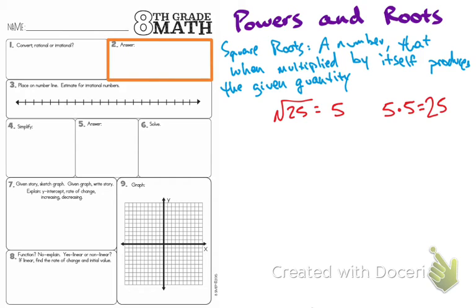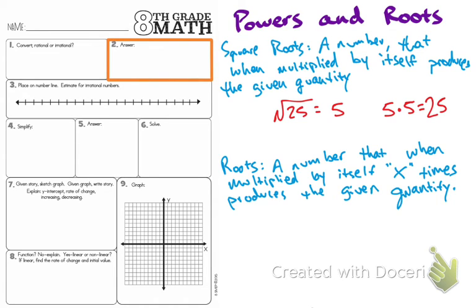However, we also have things that are not just square roots, but we have just roots in general that exist. So roots are a number that, when multiplied by itself x times, produces that given quantity. And these roots that are not just square roots become important because we might have some other things like this.